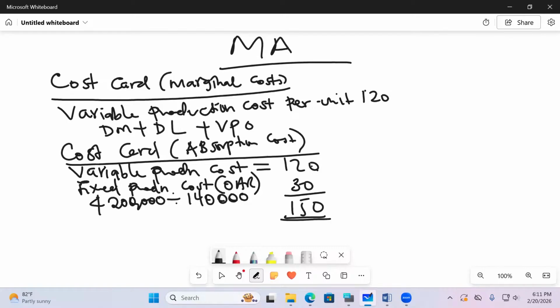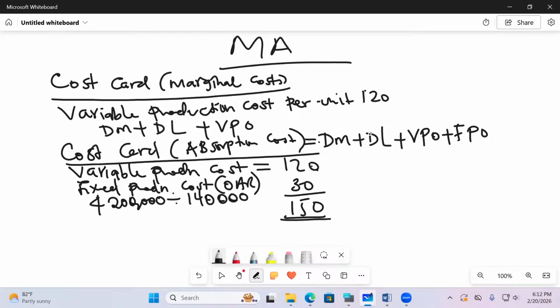If they don't give you the variable production cost, then to get the absorption cost we would ordinarily take direct materials plus direct labor, plus variable production overheads, and then plus fixed production overheads, or fixed production cost. That's how we did this in our yesterday's class. Was it yesterday or the day before yesterday? I can't even remember very well.